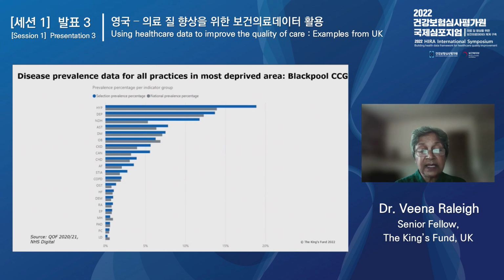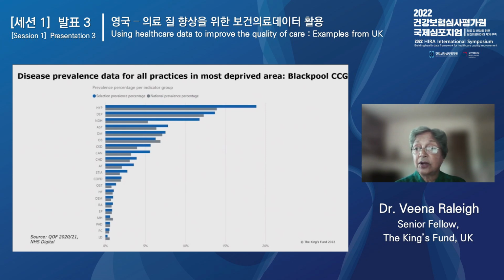And down the left-hand side, you can see there's hypertension, depression, non-diabetic hypoglycemia, asthma, diabetes mellitus, obesity, chronic kidney disease, and so on. And for each condition, the blue bar shows what the prevalence of that disease is in that particular area, Blackpool.